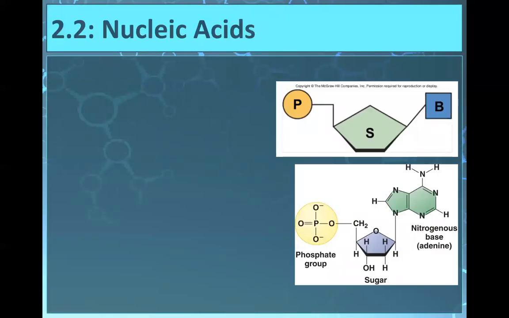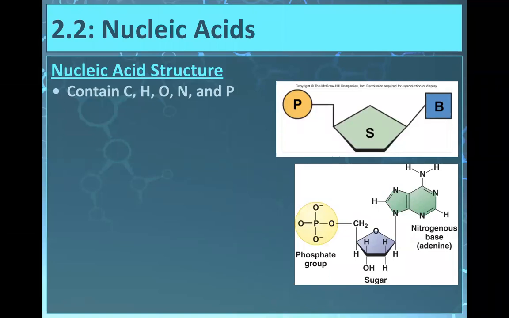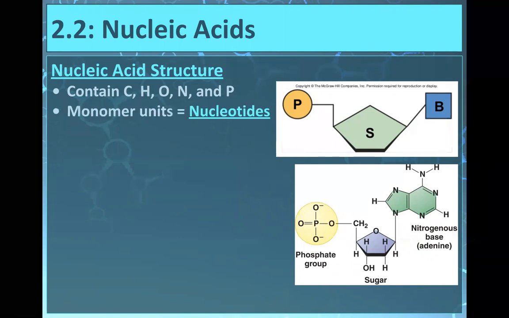And that brings us to nucleic acids. Okay, so this is our last of the 4 macromolecules. So the structure, again, just like proteins, contain carbon, hydrogen, oxygen, and nitrogen, but unlike proteins, contain phosphorus.